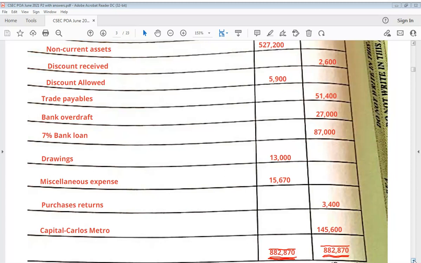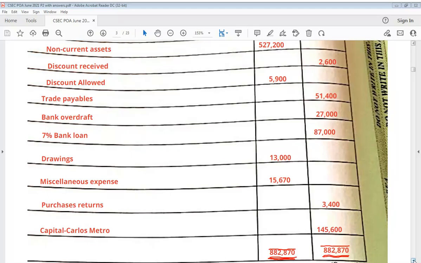It's the same as return inwards. So we know that is on the credit side of our trial balance, and the capital is on the credit side. Did I say purchases returns? Let me correct that. That's also return outwards.